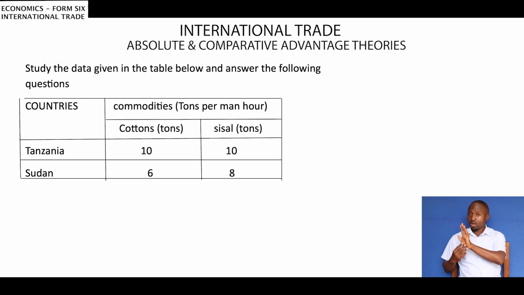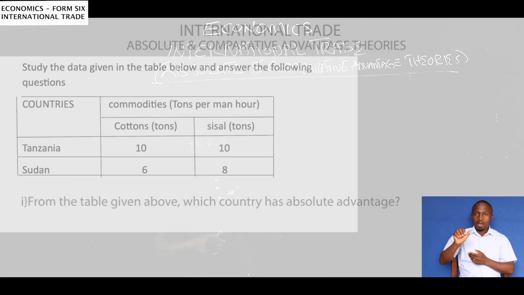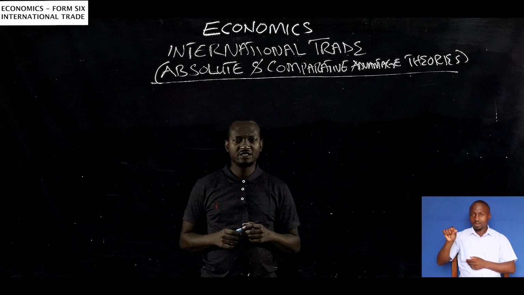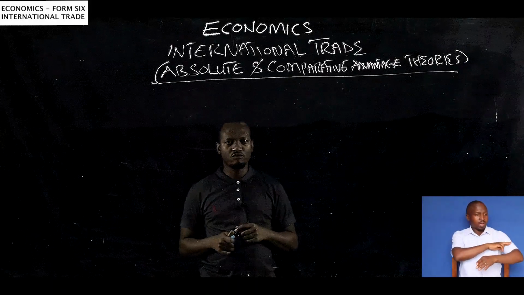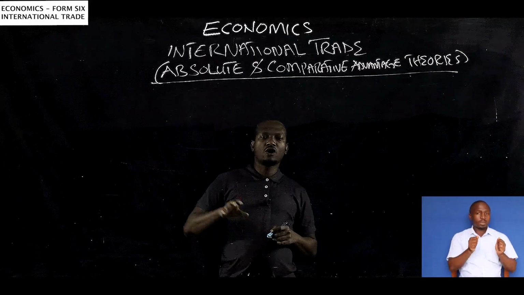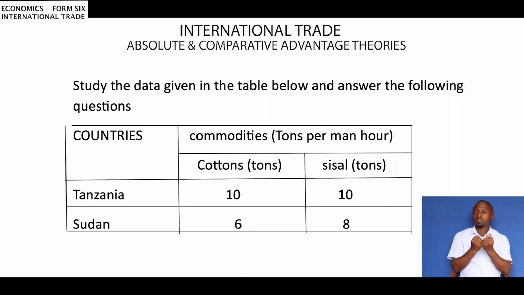Roman 1. From the above given table, which country has absolute advantage? From A, we said absolute advantage happens when a country uses few resources to make more output. So according to this table, Tanzania is producing 10 tons of cotton, while Sudan is producing 6 tons of cotton.